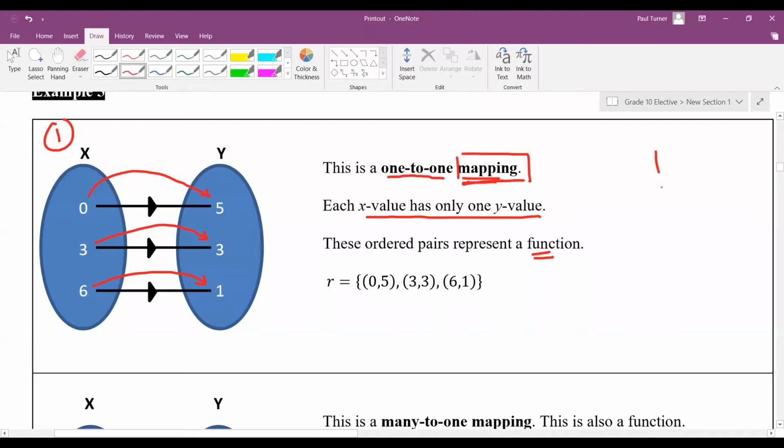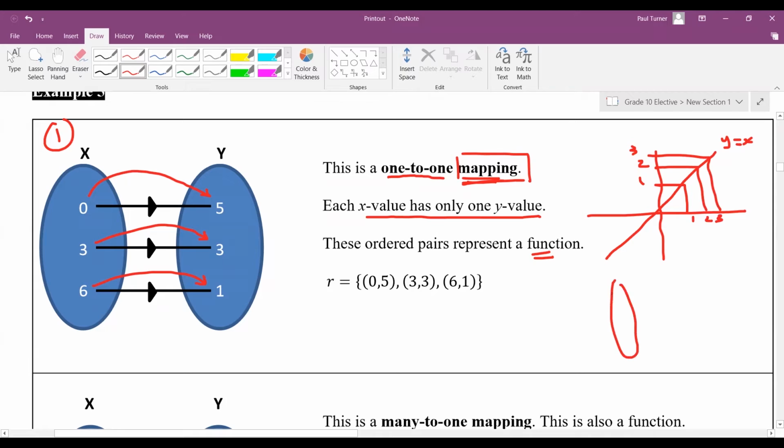Something like a linear graph would have this. So for example, if it was y equals x, we would have 1, 1. We'd have 2, 2, 3, 3, like that. So we would have 1, 2, 3 for x. And for y, we have 1, 2, 3.